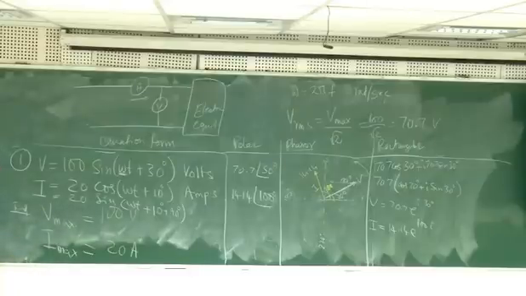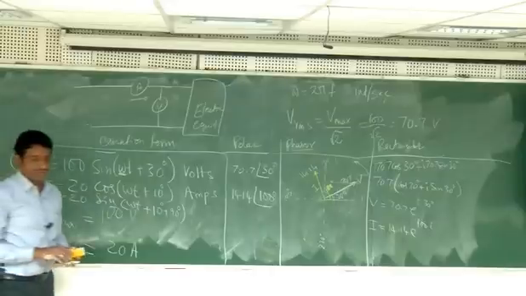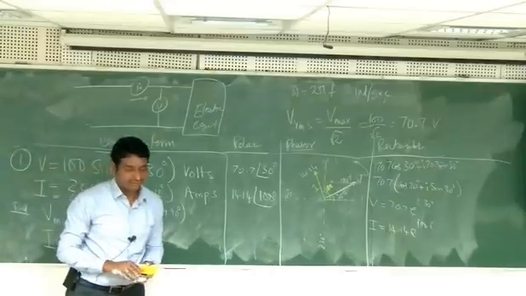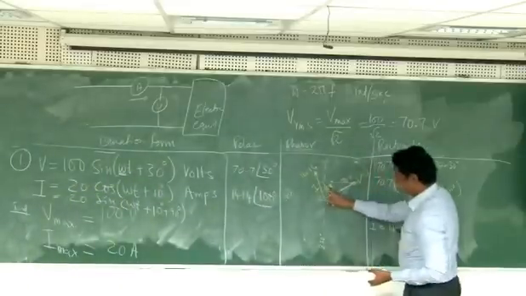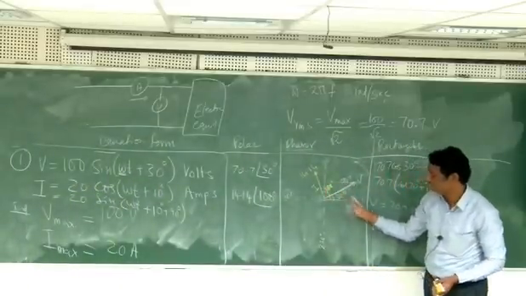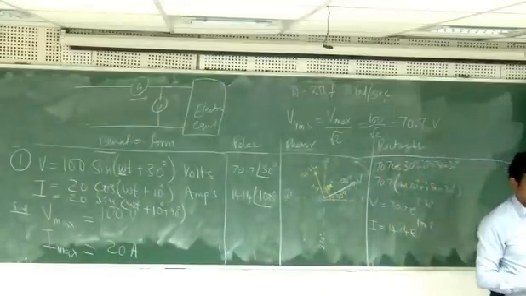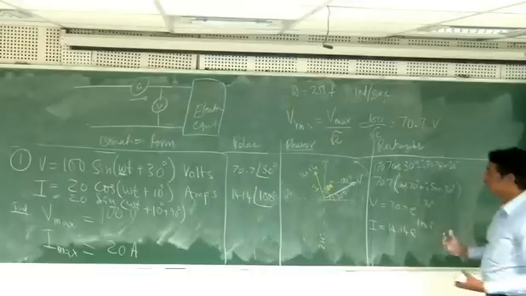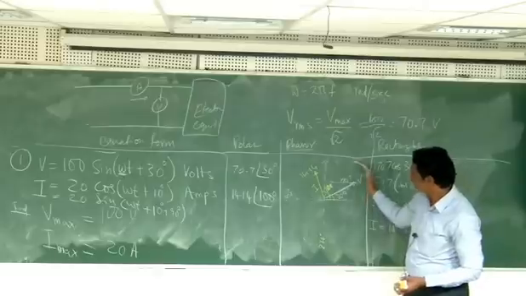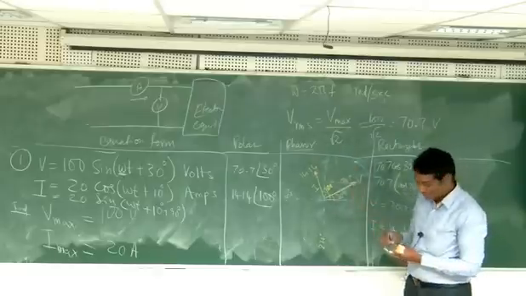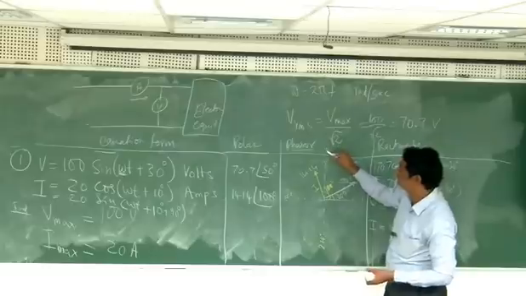Now the question is, is this electrical equipment capacitive or inductive? Somebody answered capacitive sometime before. Why? If you look at this diagram, the current is leading and the voltage is lagging. Therefore, it is capacitive. How do you know this is leading and this is lagging? Because this is the direction of the rotation. Let's say you are standing here.